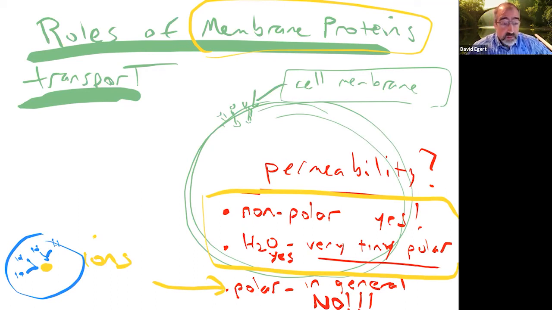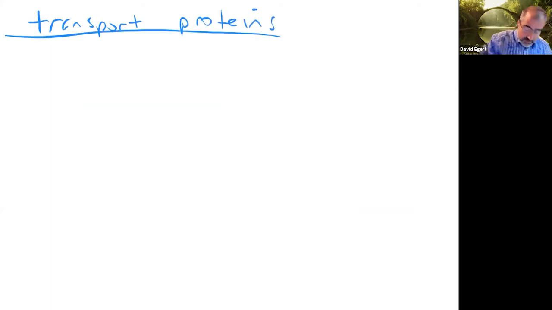So we're going to talk about movement across the membrane. Let's talk about transport proteins. Things that are going to help typically polar molecules come across.